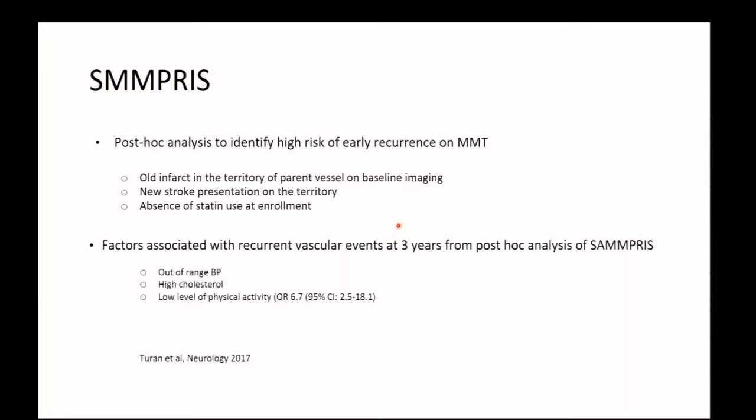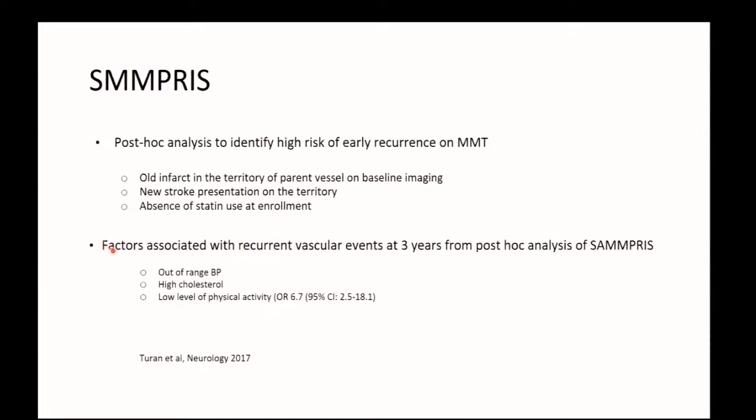And this is problematic because we learned that patients at higher risk for early recurrence in the medical management group are the same patients at high risk for peri-procedural complications when you go ahead and do the stent.